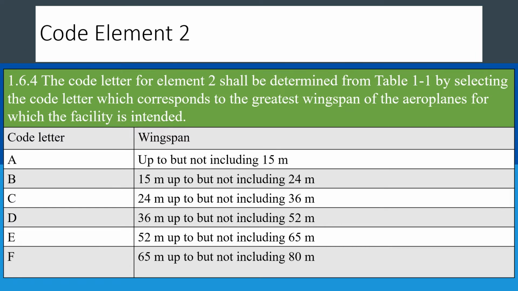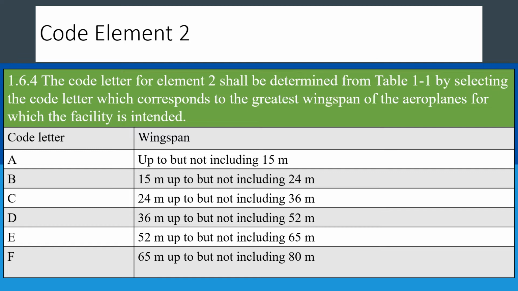If the wingspan of the aircraft is between 36 meters but not including 52 meters, then the aircraft falls within code D. If the aircraft wingspan is between 52 meters up to but not including 65 meters, then that aircraft falls within code E. And if it is between 65 meters up to but not including 80 meters, then that particular aircraft falls within code F. So these are the various codes of aircraft operating within our aerodrome.